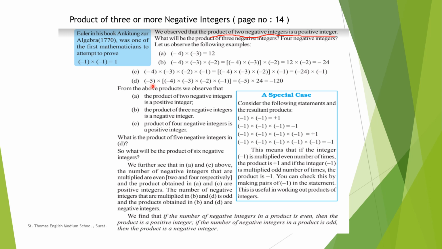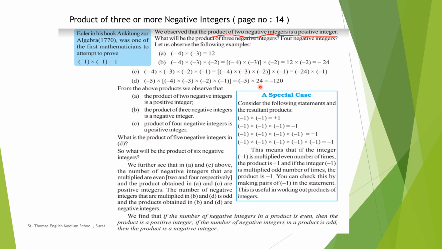Clear? Now, fourth one, minus 5 multiplied by minus 4 multiplied by minus 3 multiplied by minus 2 multiplied by minus 1. We can multiply this. 4 3s are 12. 12 2s are 24, 24 1s are 24, right? Already we got that here. So again, minus into minus is plus, plus into minus is minus, minus into minus is plus.